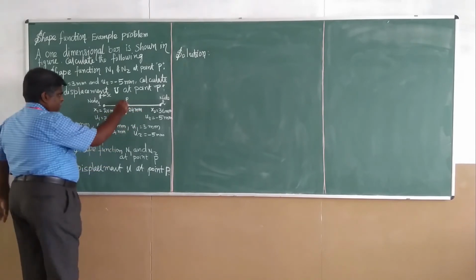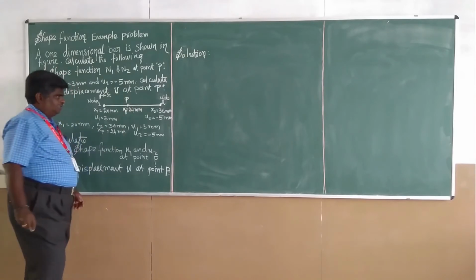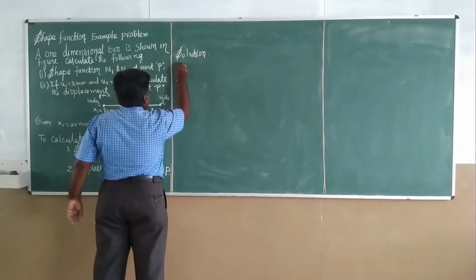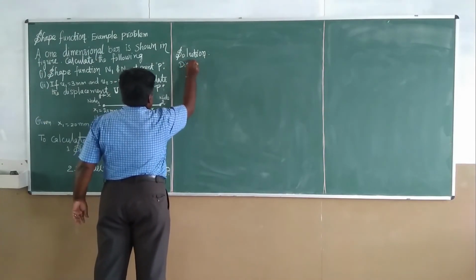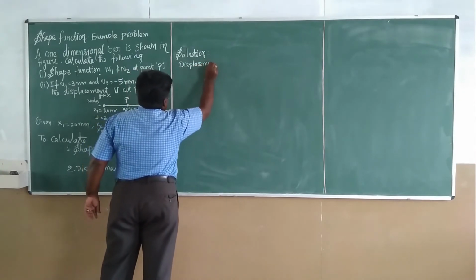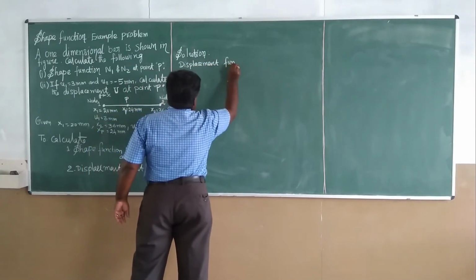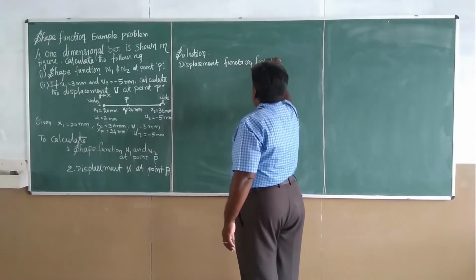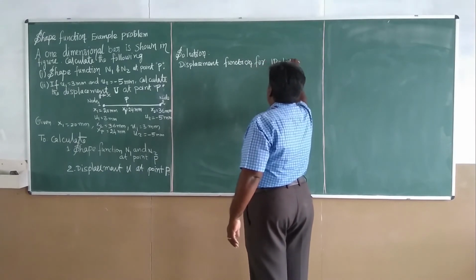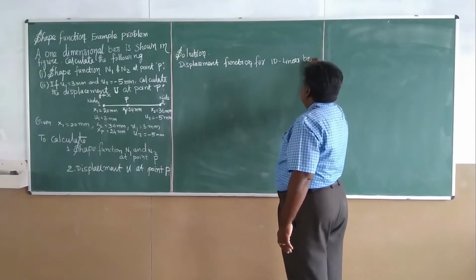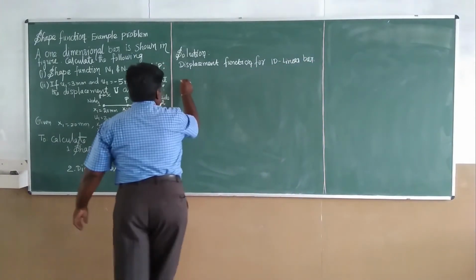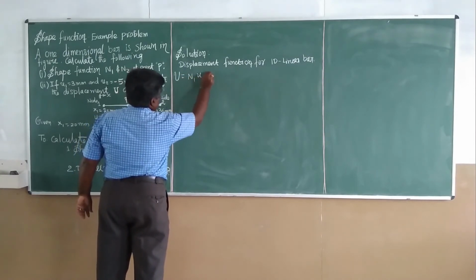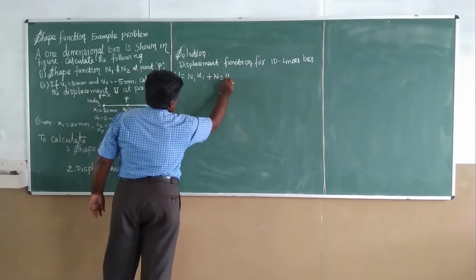For the point P within the element, we have to calculate the shape function and the displacement function. The displacement function for a one-dimensional linear bar, we know already, is u equal to N1 u1 plus N2 u2.